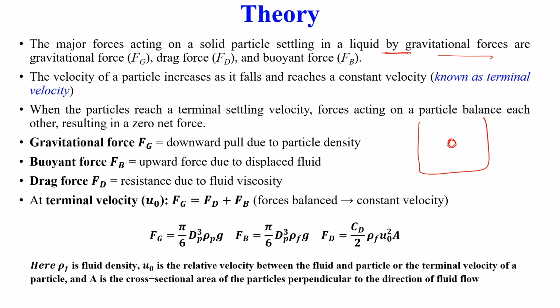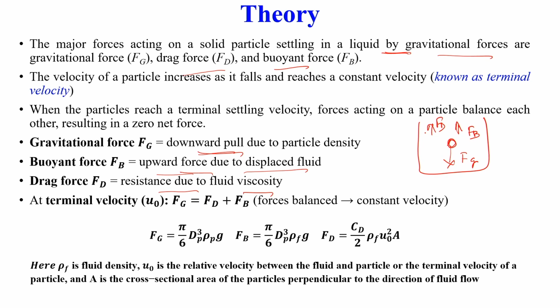They are experiencing the gravitational force F g. In addition, they are experiencing drag force and buoyancy force. There are two other forces being applied. The gravity force pulls downward due to particle density, buoyancy force is the upward force due to displaced liquid, so we have upward force F b, and drag force, the resistance due to fluid viscosity, is F d.